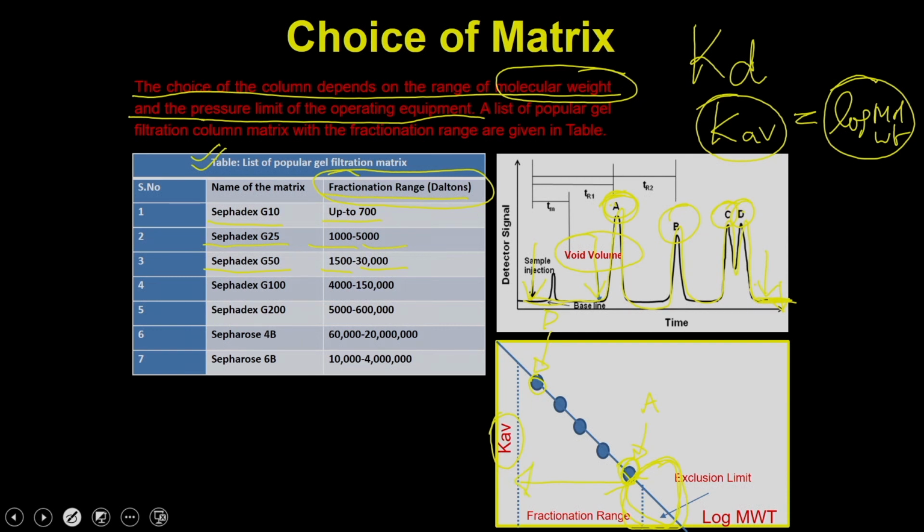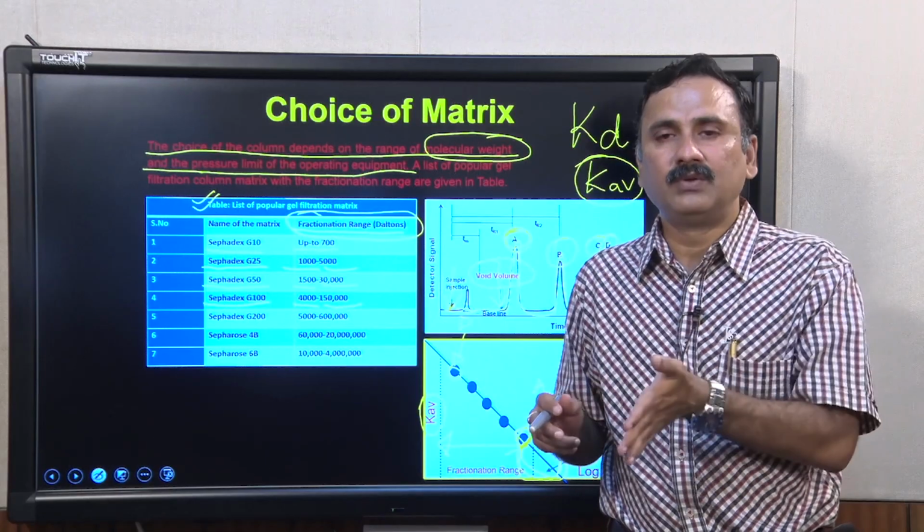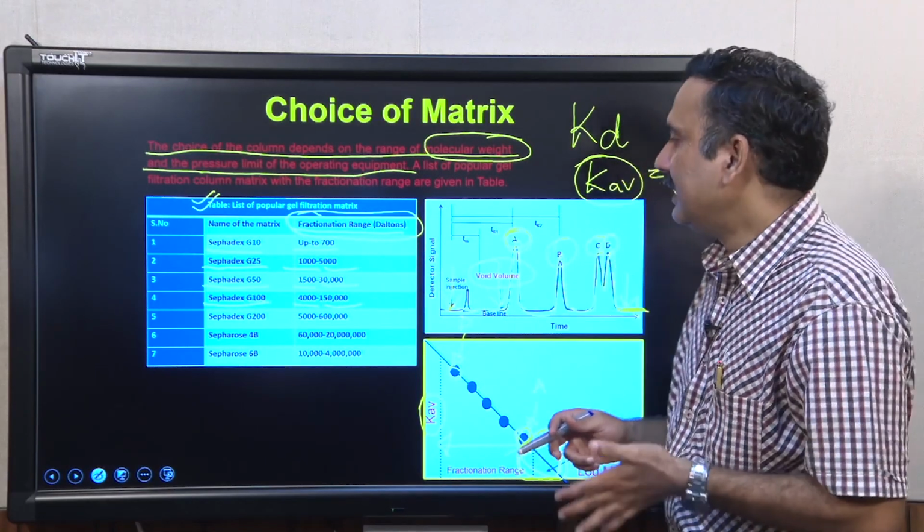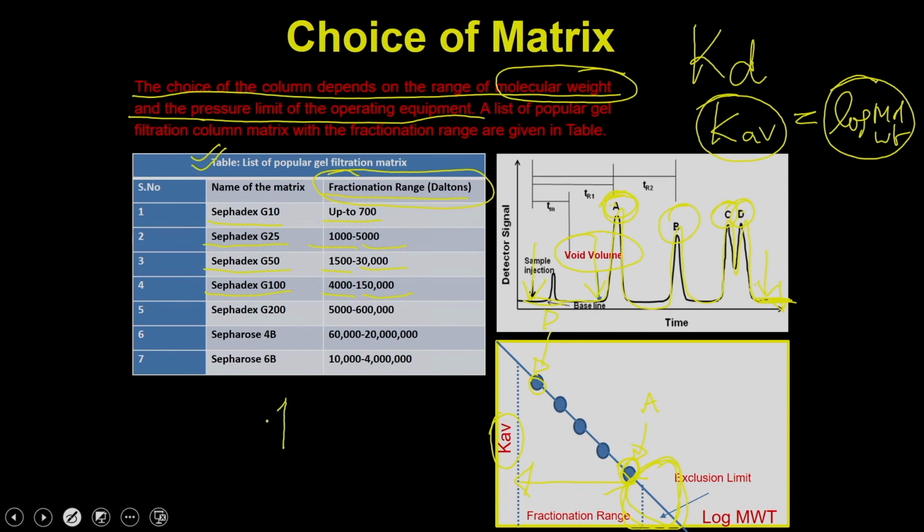This is the fractionation range of this particular column. For example, if you take Sephadex G100, the fractionation range is 4000 to 150,000 Daltons, which means that a protein between 4 and 150 kDa is going to be separated by Sephadex G100. That does not mean you cannot separate a 1 kDa protein using this column.